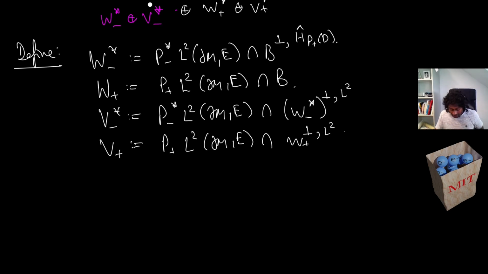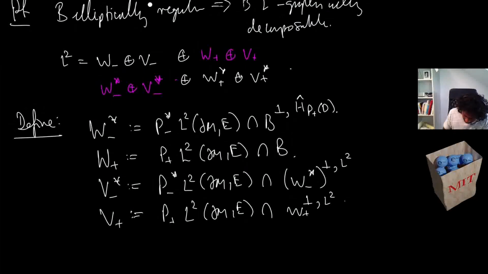So this is really the annihilator of the space W in P minus star L2. I could have just directly put P minus star in there, but I wanted to explicitly write out what's happening. Now that we've defined these pink spaces, we're going to define these white spaces.